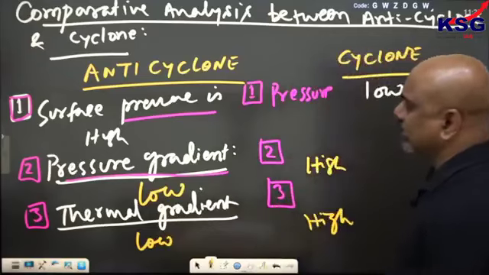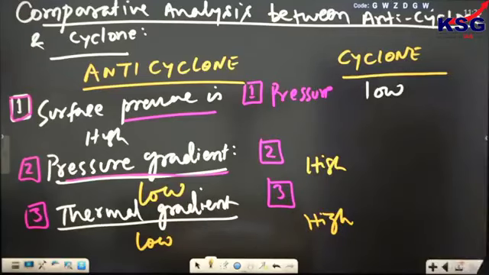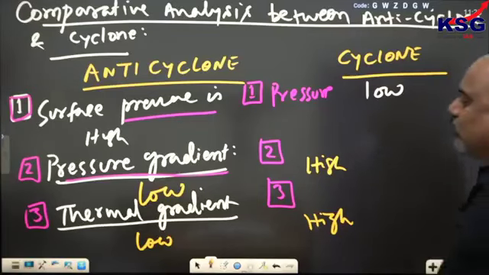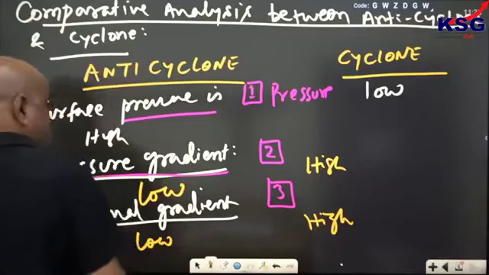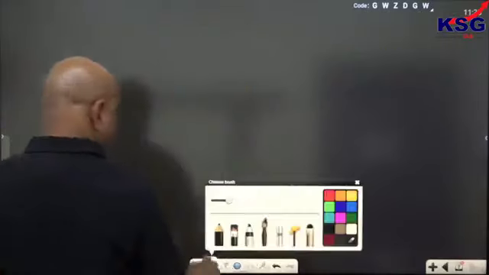Thermal gradient will be high here. Low thermal gradient in case of anticyclone and high thermal gradient in case of cyclone. This is here.